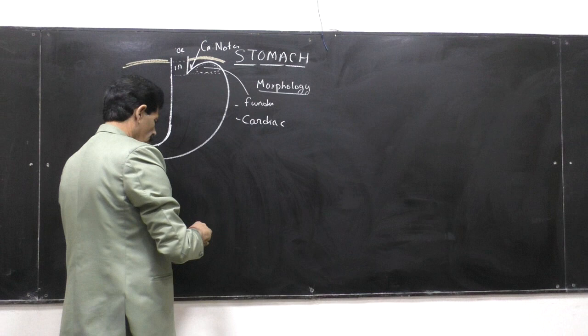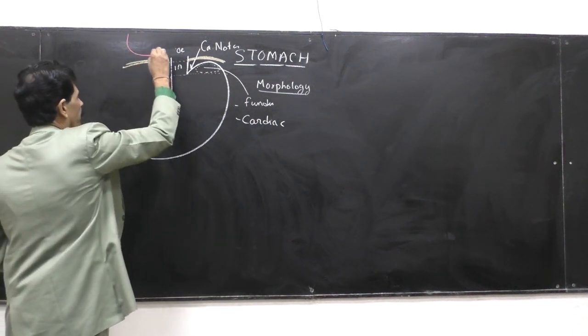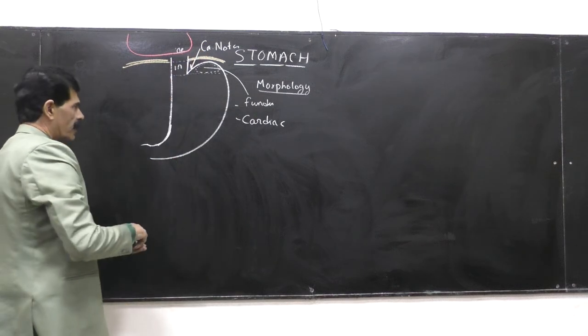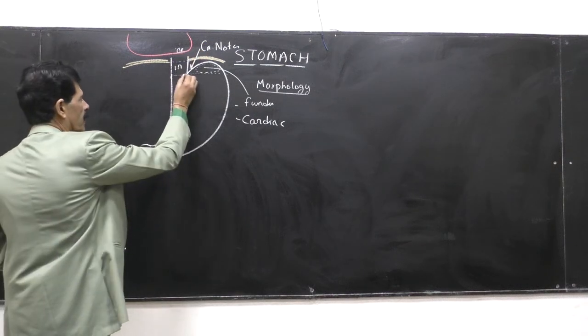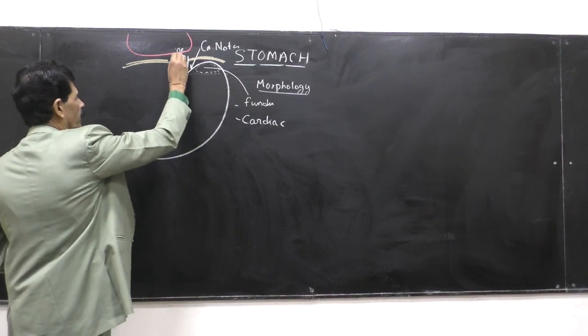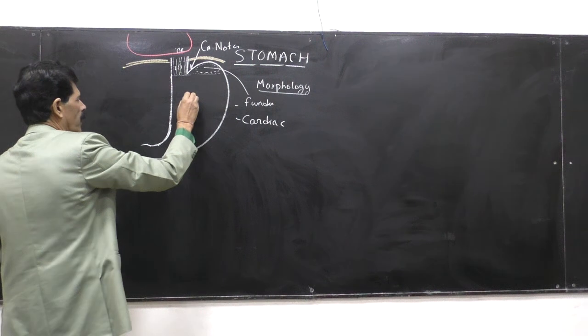It is called the cardiac notch because we know above the diaphragm lies the heart. So because of the heart, this is called the cardiac notch. When a line is drawn horizontally from the cardiac notch on the right and left side, that is the end of the esophagus and the start of the body of the stomach.